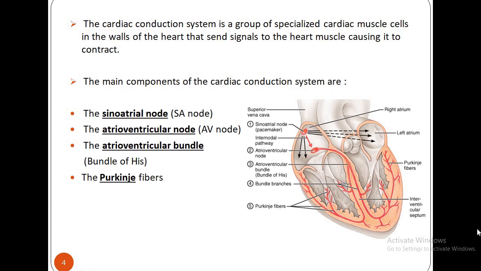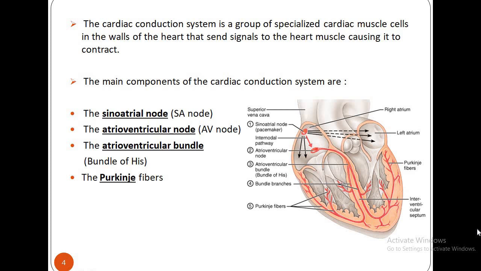The wave of excitation then passes from the AV node into the atrioventricular bundle, known as the bundle of His, which is a special conduction system that carries the action potentials to the ventricles. The fibers in the bundle, known as the Purkinje fibers, after a short distance split into two branches, the right bundle branch and the left bundle branch, to initiate action potentials simultaneously in the two ventricles.